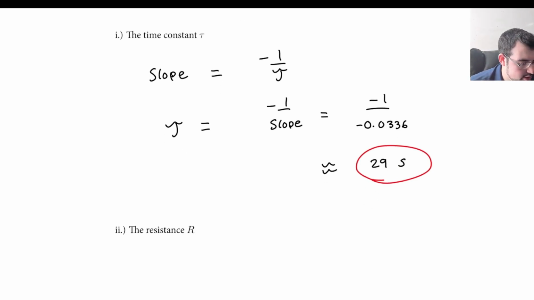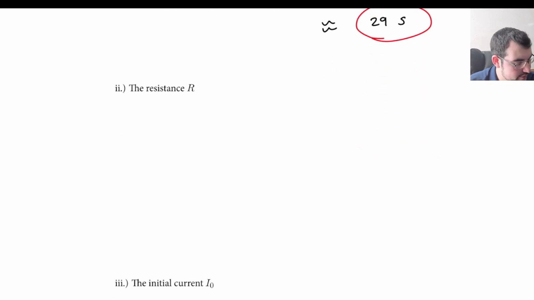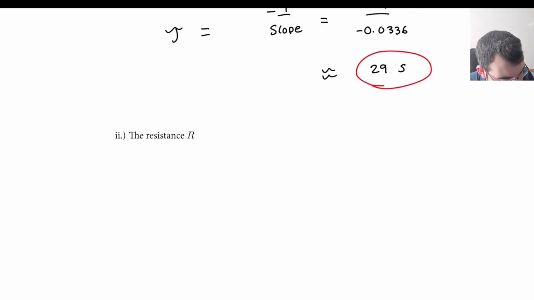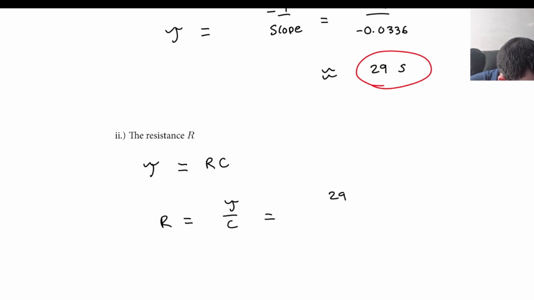So how do we find R now? Well, we have an equation that says tau is equal to R times C. And we know what C was. C was 30 microfarads. So R is tau over C, which is 29 divided by 30 times 10 to the minus 6.